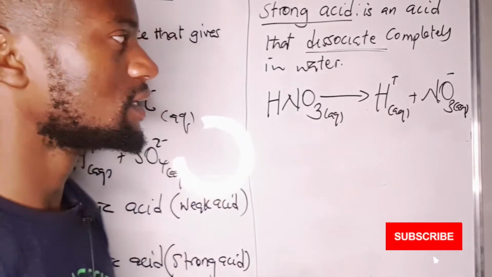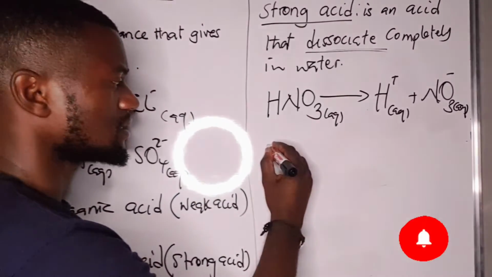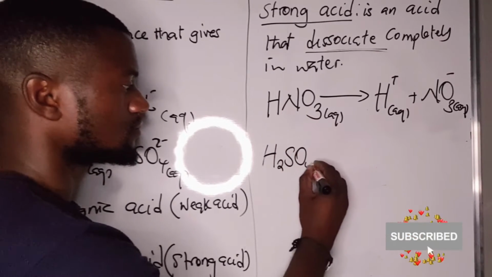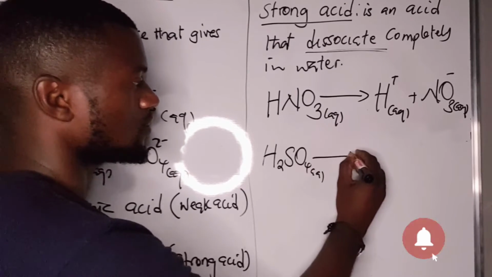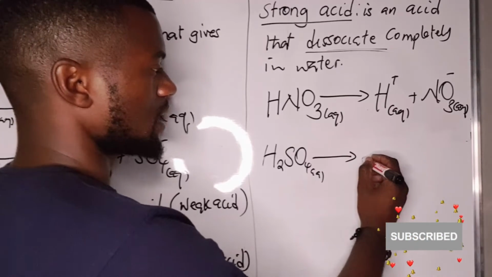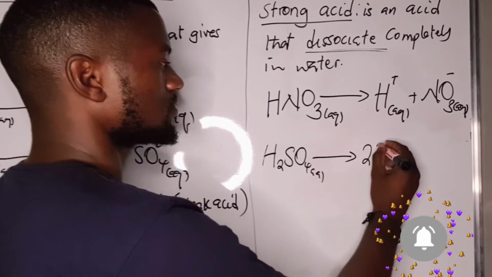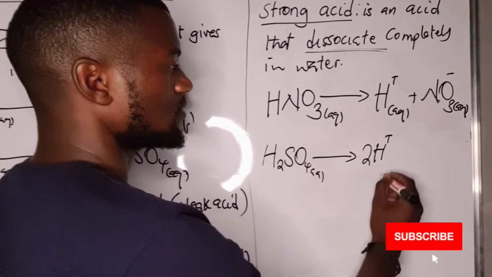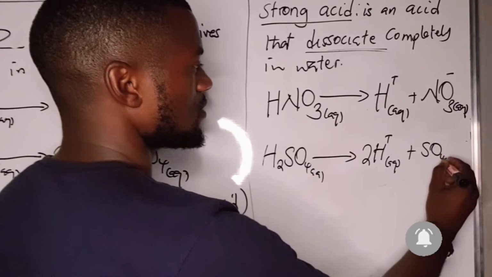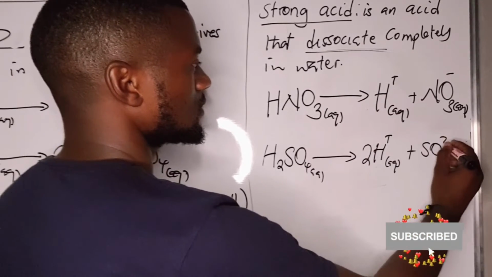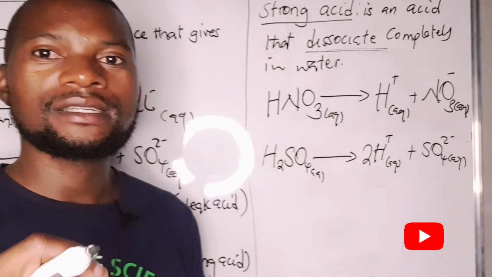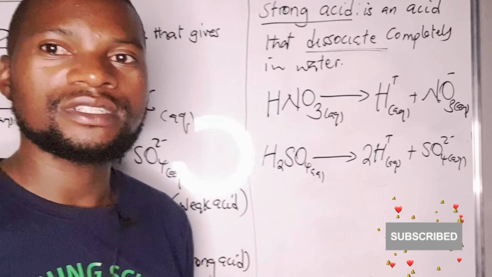Another example is sulfuric acid. When sulfuric acid dissolves or ionizes, you are going to have the hydrogen ions and the sulfate ions. This also shows that sulfuric acid is a strong acid because it gives out all the hydrogen ions.